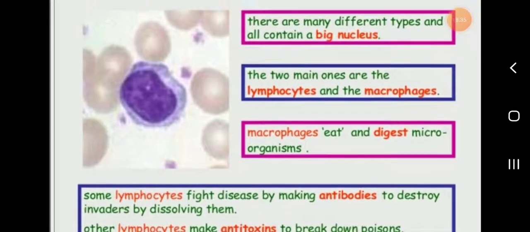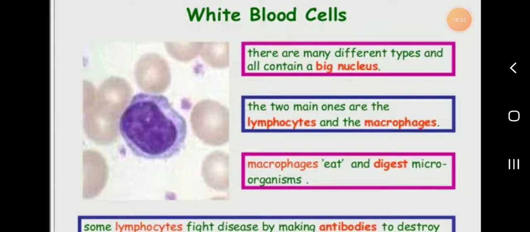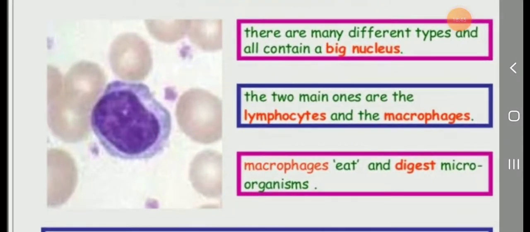Next, white blood cells, students. There are many different types and all contain a big nucleus. The two main ones are the lymphocytes and macrophages.